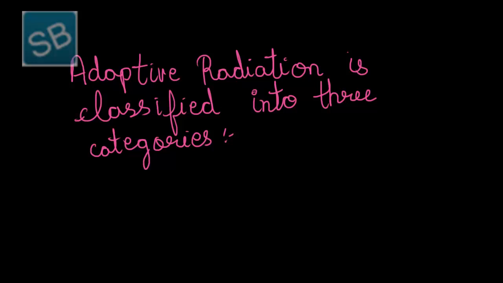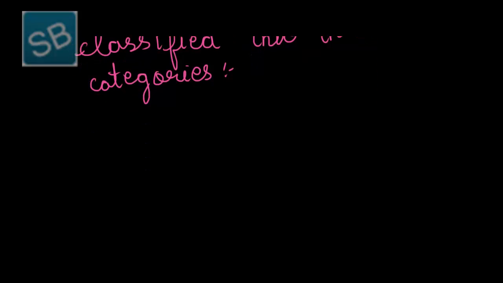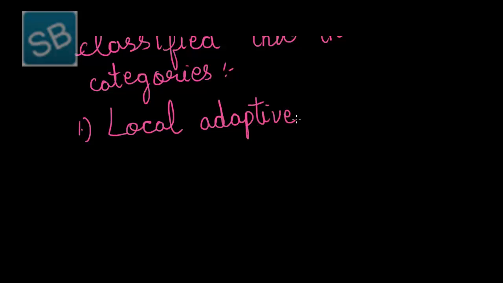These include, first, local adaptive branching. This is a type of adaptive radiation which refers to the development of diversification in a largely distributed population.